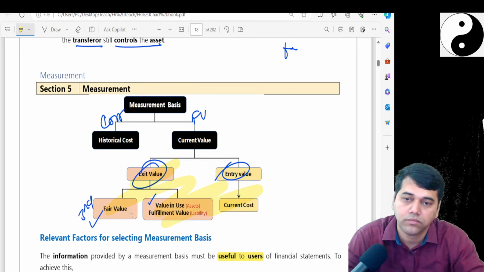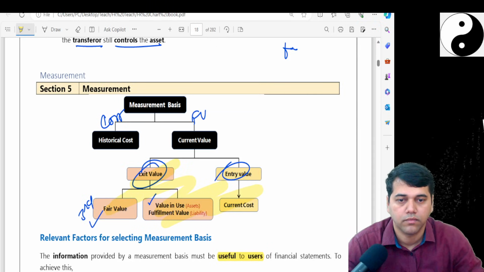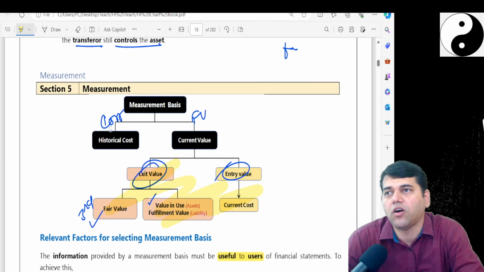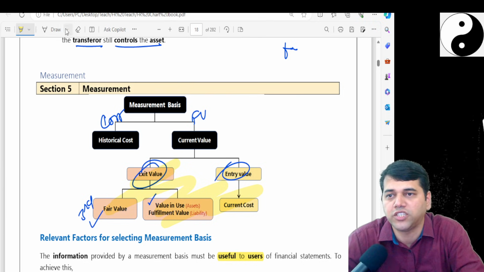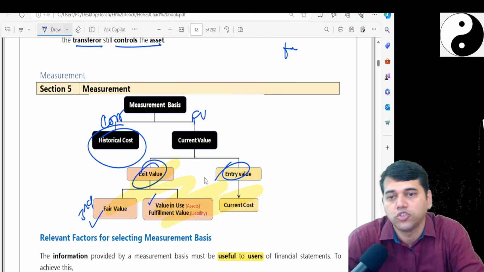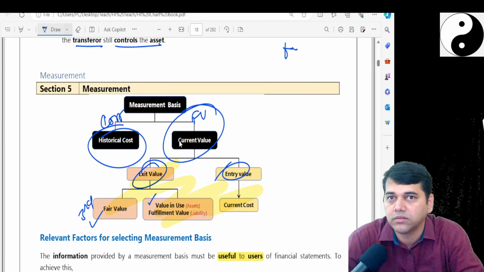Now, is it necessary that all the assets in my balance sheet should be valued at historical cost only? Should it be valued on fair value only? Can I use a mixed measurement?